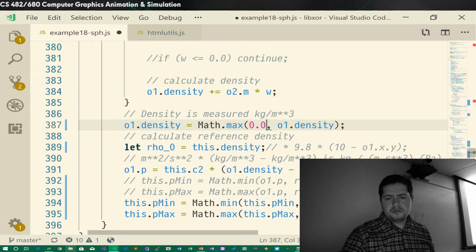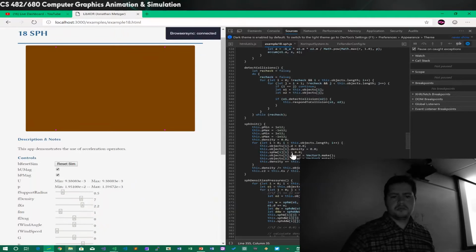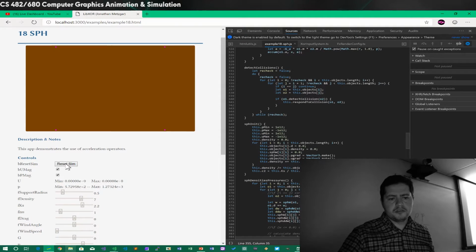Yeah. Maybe it's okay for the density to be 0. Probably not. That shouldn't change anything anymore.